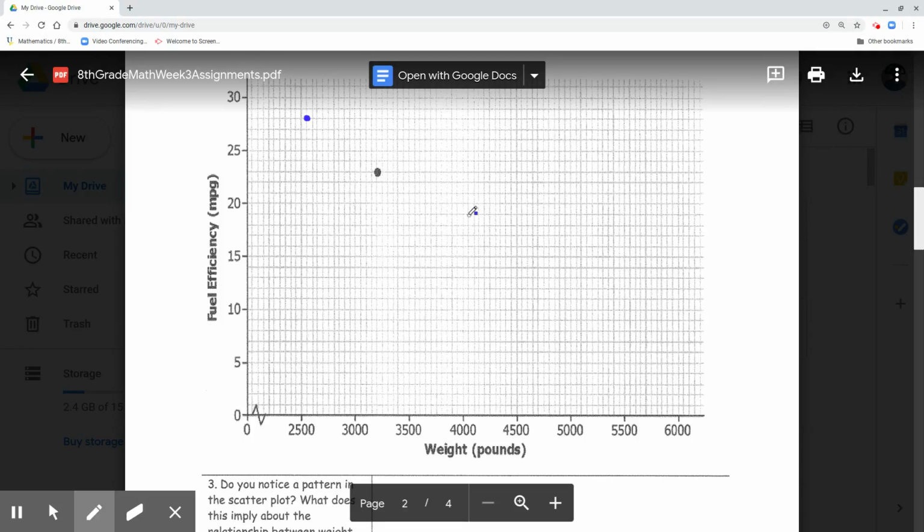I should be stopping right here. So I'm going to double check myself. Yep, that's it. So you're going to repeat this process until you have all of the points plotted.